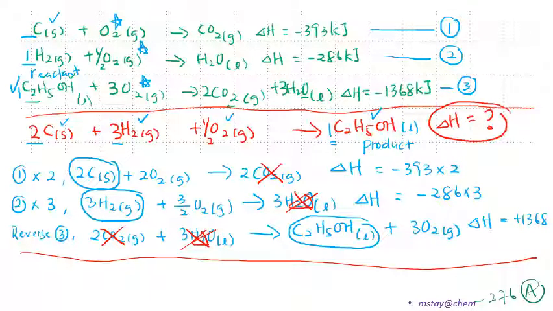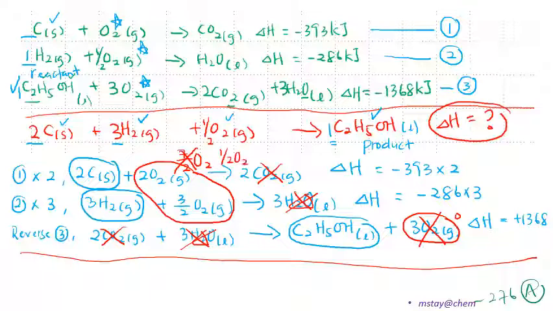Next, we have 2 mole of oxygen plus 3 over 2 mole of oxygen gas, so the total is 7 over 2 mole of oxygen gas. But here we only have 3 mole of oxygen gas, so we can cancel this out. In the end, we have 1 over 2 mole of oxygen gas, which is also what we need over here.